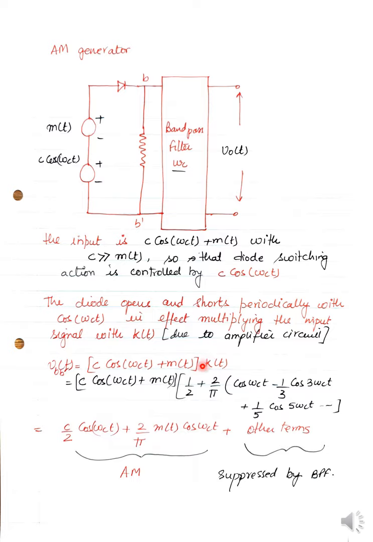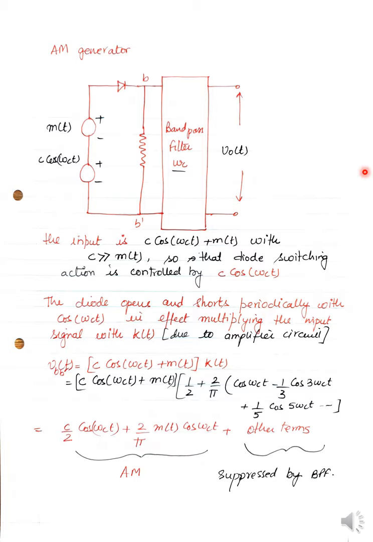We are using this kt as a Fourier series. So we can say that this is 1 by 2, plus 2 cos omega ct, minus 1 upon 3 cos 3 omega ct, and so on. This is the one which I explained on the previous page, plus minus omega ct, plus minus 2 omega ct, plus minus 3 omega ct.